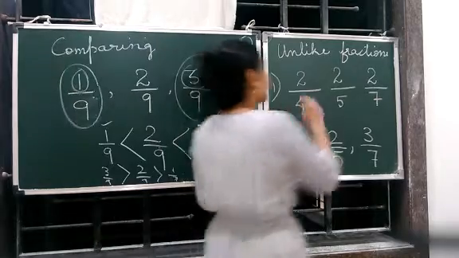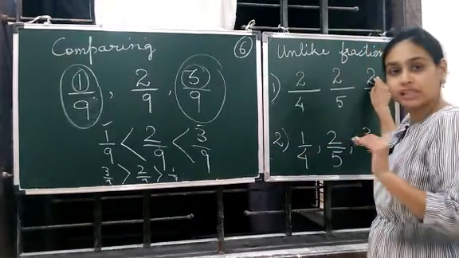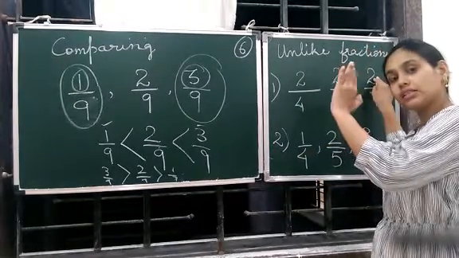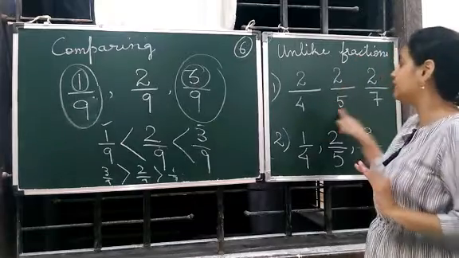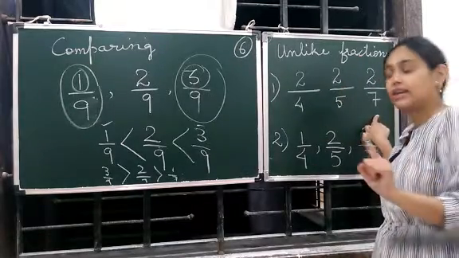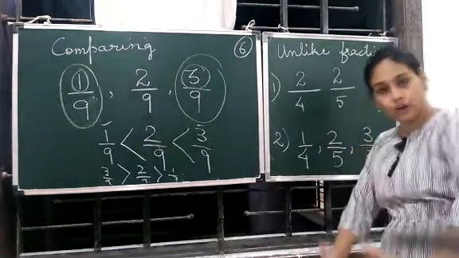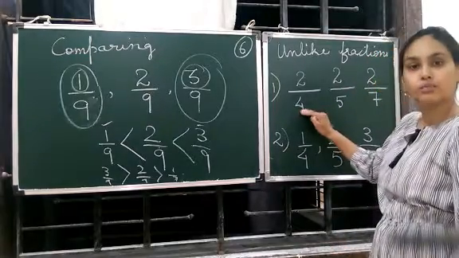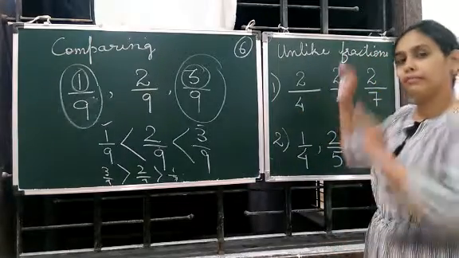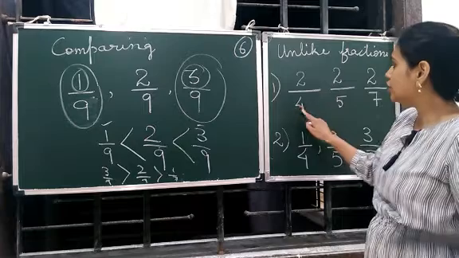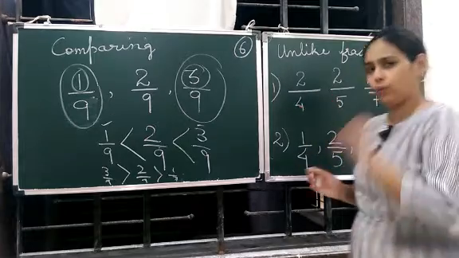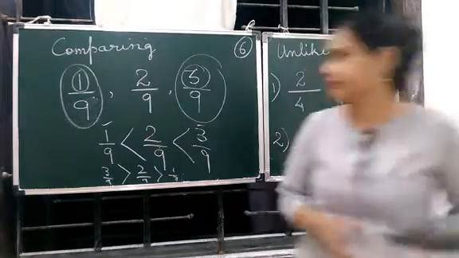Okay, here when the numerators are same, again we compare the denominators, but this time bigger is smaller and smaller is bigger. Now how? Let's see how.